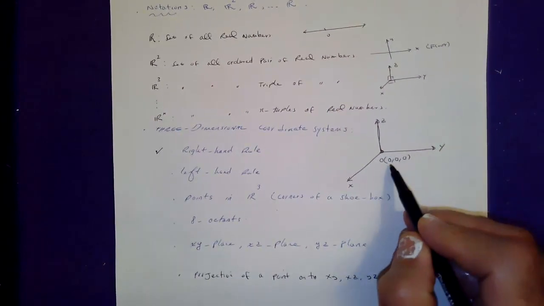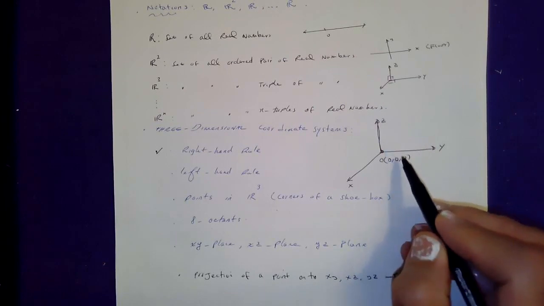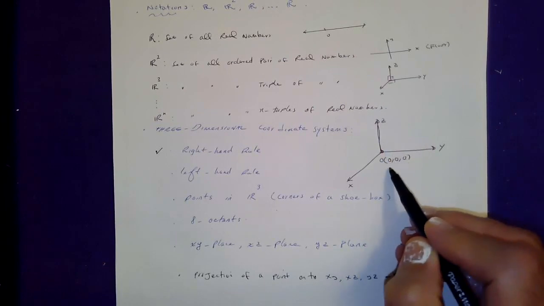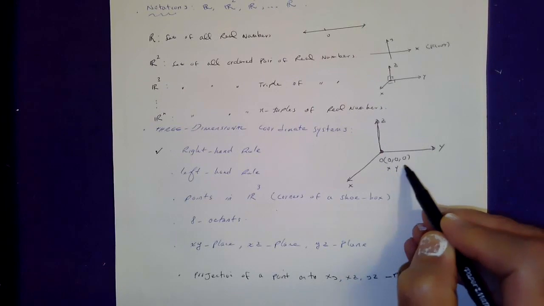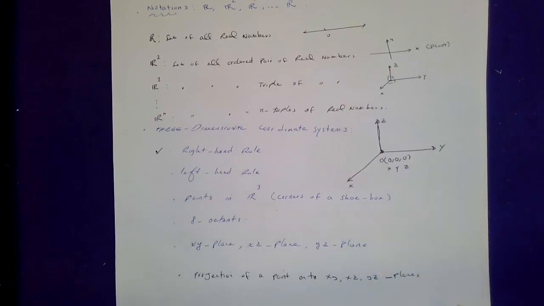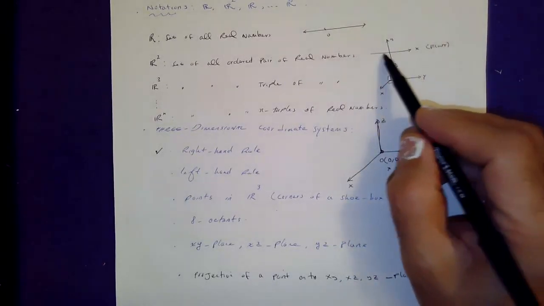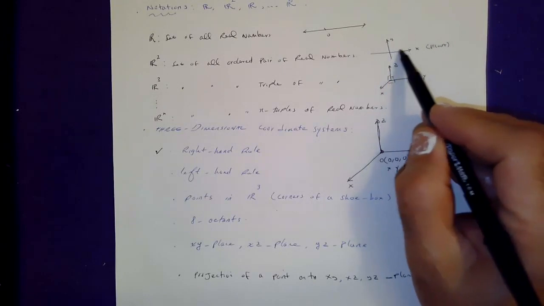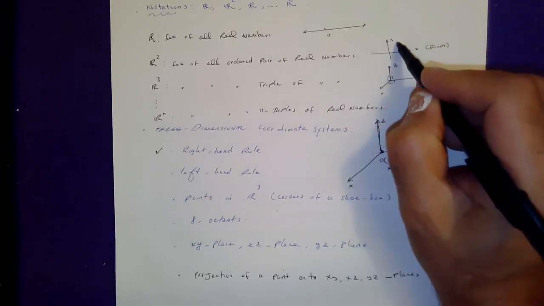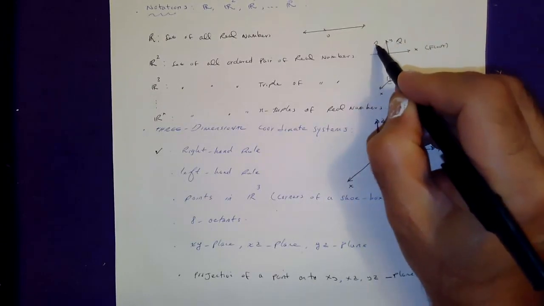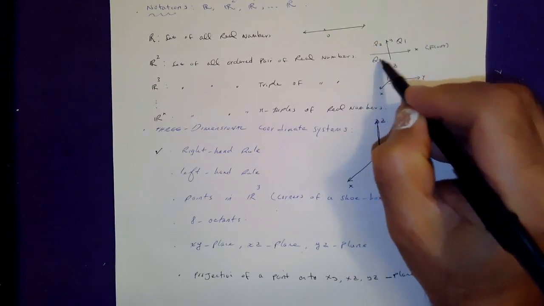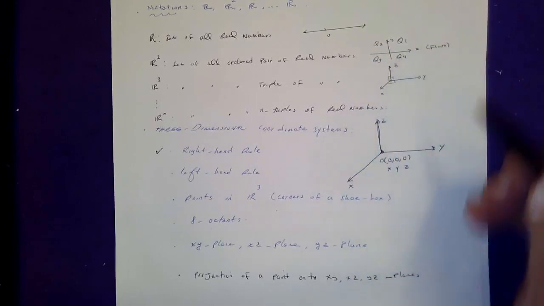But now every point in the space has three components, namely the X component, the Y component, and the Z component. In the XY plane, notice the axes divided the floor into four quadrants, namely quadrant 1, quadrant 2, quadrant 3, and quadrant 4.